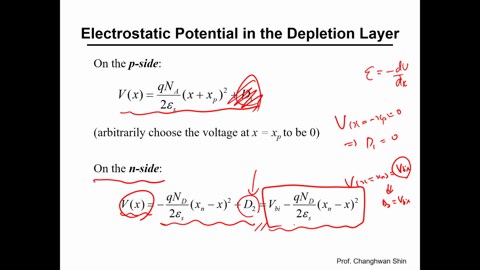This potential profile creates the energy barriers that control how carriers, electrons and holes, move across the junction, which directly influences the current-voltage characteristic of diode devices.